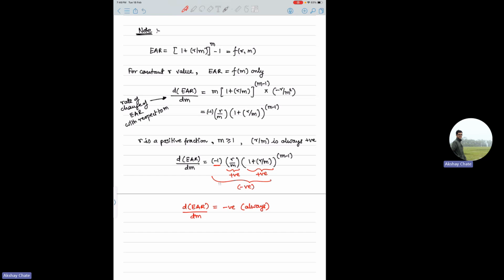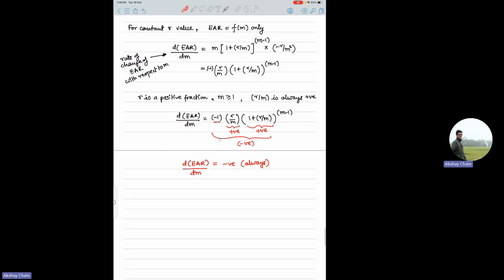R by M, minus R by M. So the slope is negative. That means if M increases, EAR should decrease.